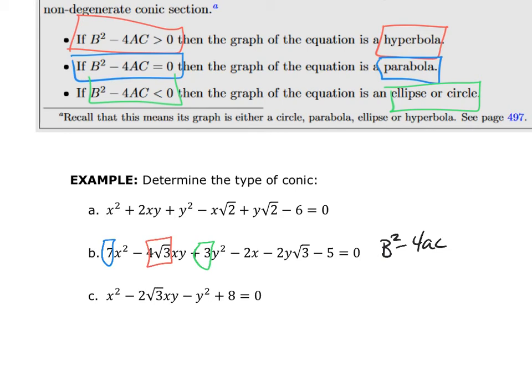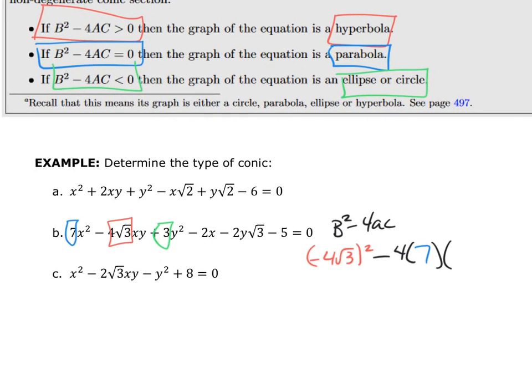So my b squared is negative 4 root 3, the quantity squared, minus 4 multiplied by a, which is 7, and then multiplied by c, which is 3.